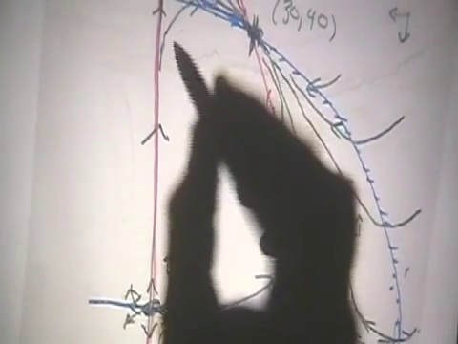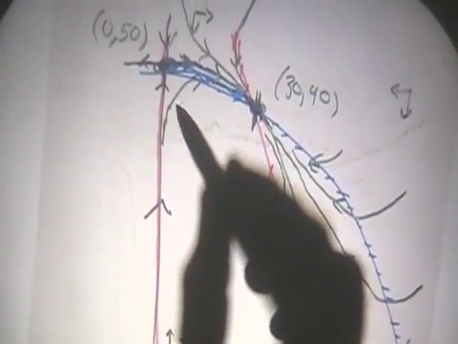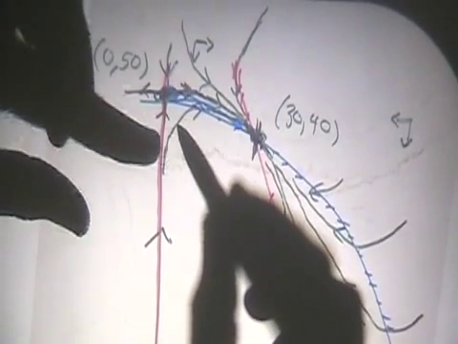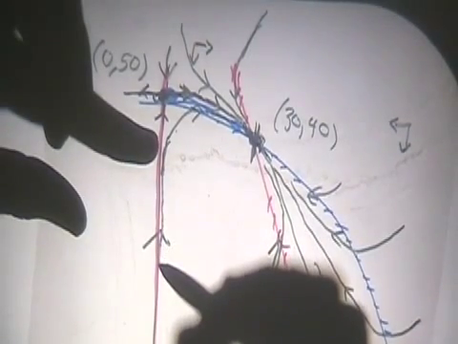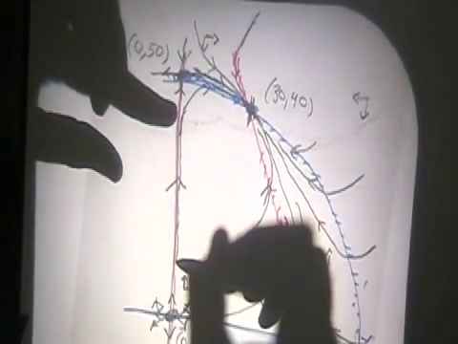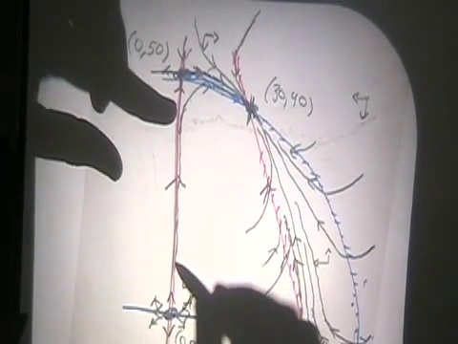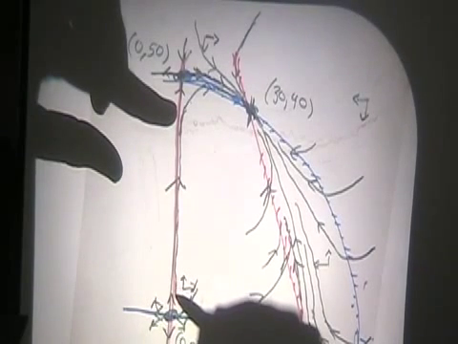You might wonder, how would a solution ever do this kind of thing? You can follow my pen up there. How would it ever go up there? Well, it would have to be real close to the y-axis for a long time. Actually, it wouldn't be a very long time. These things actually travel pretty quickly.